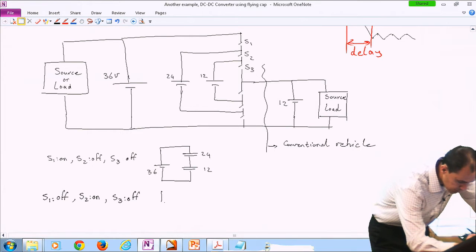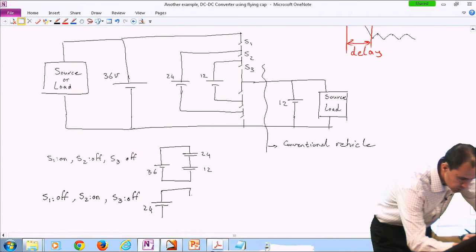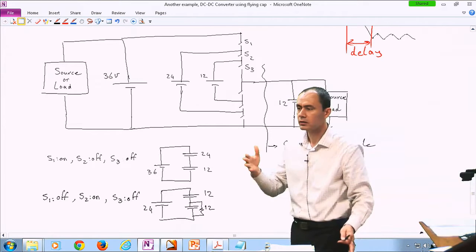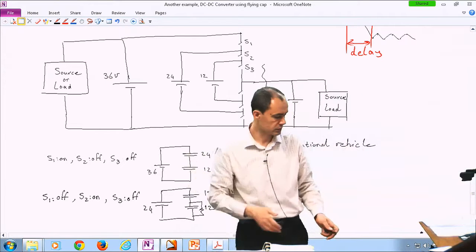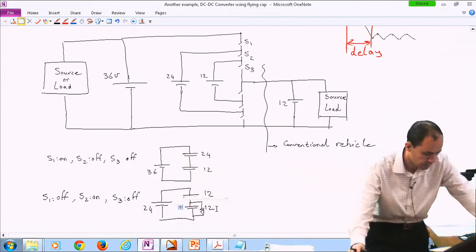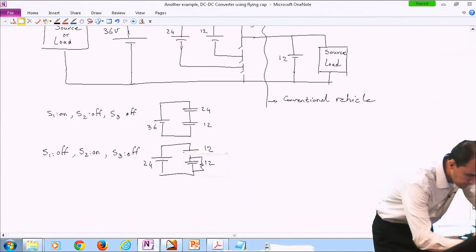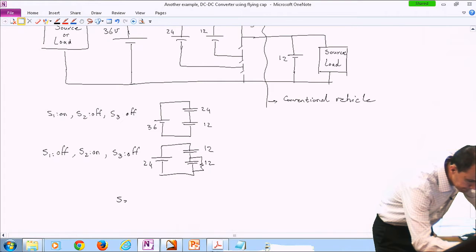What happens is the 12-volt capacitor is charging, and the 24-volt capacitor is charging the other capacitor, as well as providing power to the load. And then ultimately you have S3 on, but S1 and S2 are off.